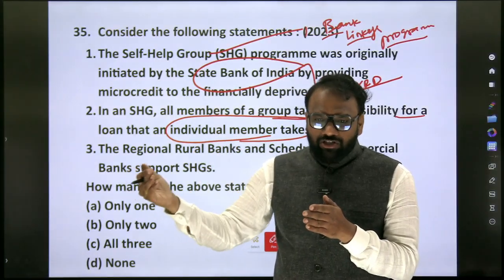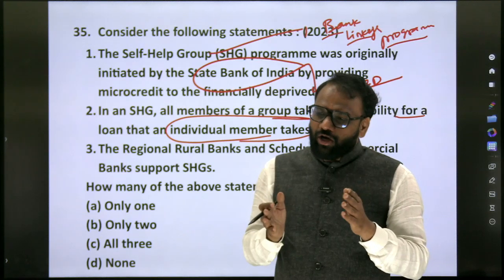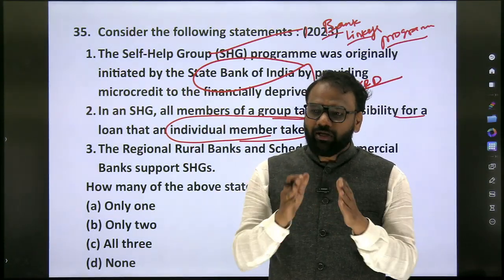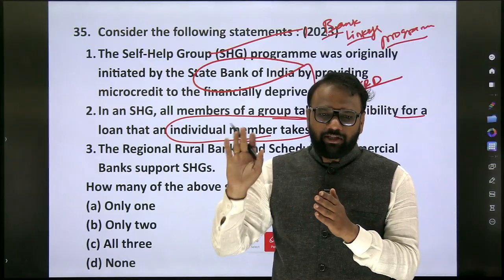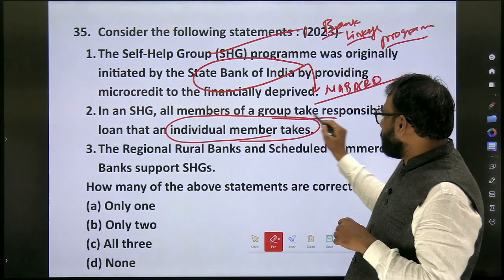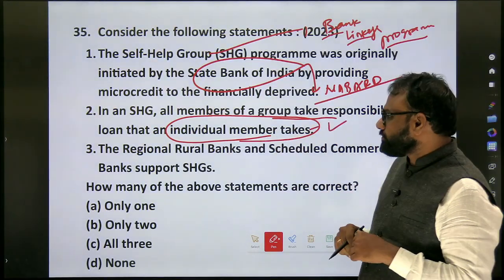Now, if that person does not return the money, the group cannot tell the bank that everyone else has paid but one person has not. They cannot say that, because all of them are collectively responsible to return the amount of the loan which they have taken from the bank. So in a self-help group, all members take responsibility for a loan that an individual member has taken. So this is correct.